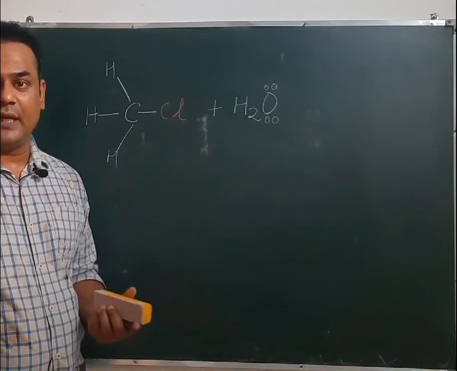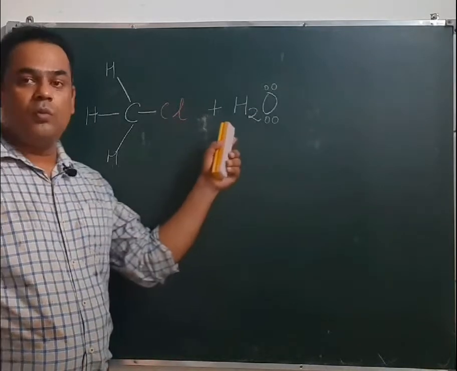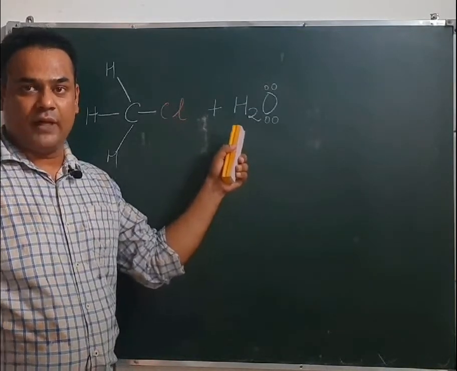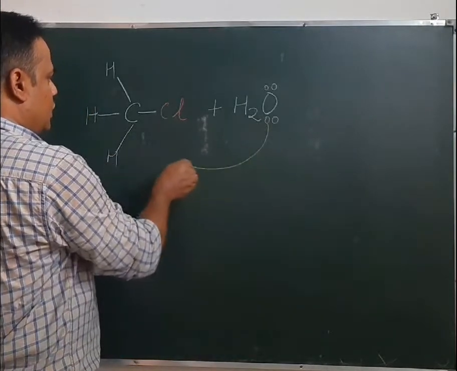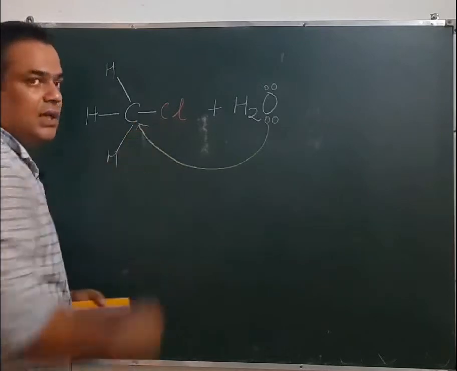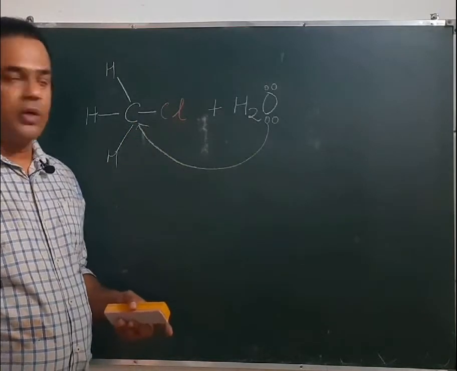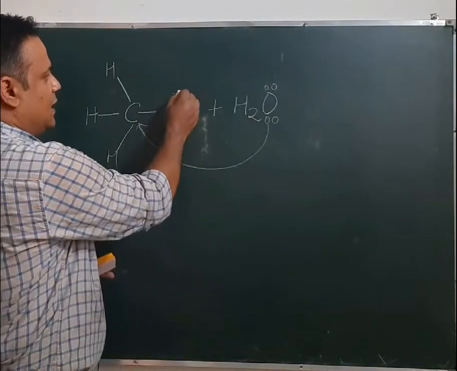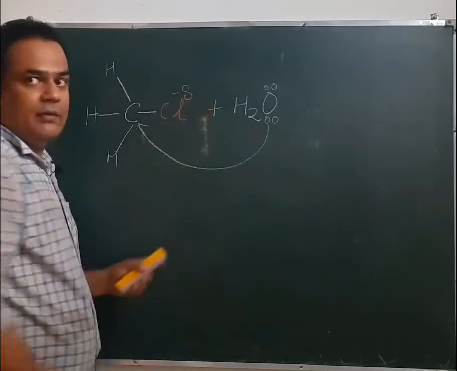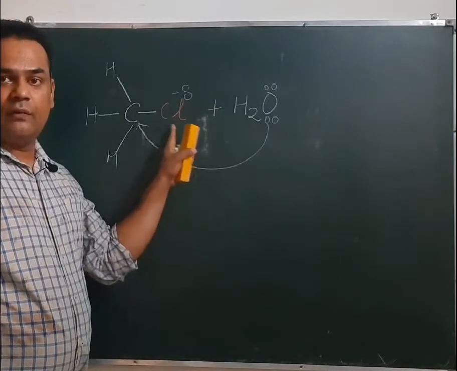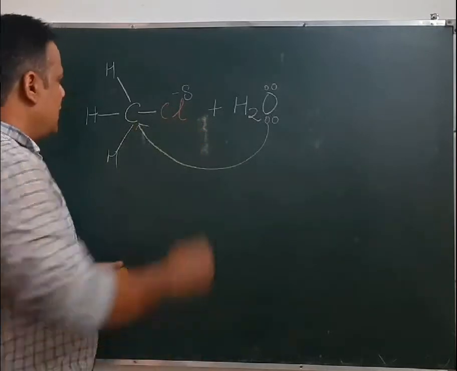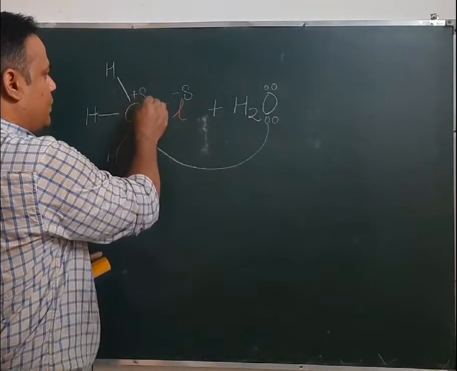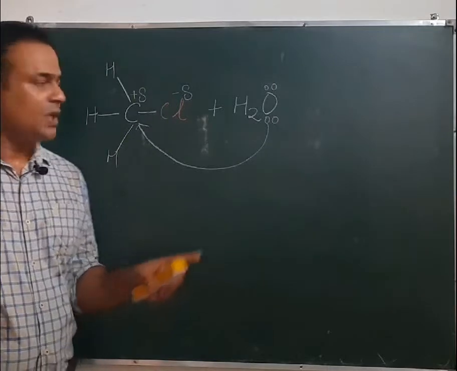this water molecule possesses nucleophilic character. So in this reaction, the whole molecule will behave as a nucleophile and this electron pair will be donated to the carbon. Why will it be donated to the carbon? Here the chlorine is partially negative. Due to the higher electronegativity of chlorine, the bond pair shifts more towards the chlorine atom and the carbon acquires a partial positive charge.